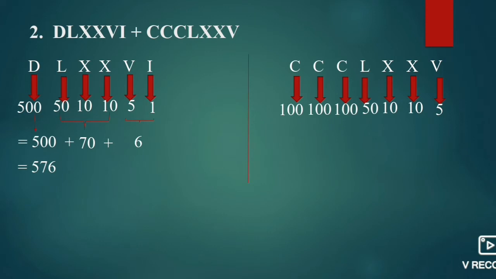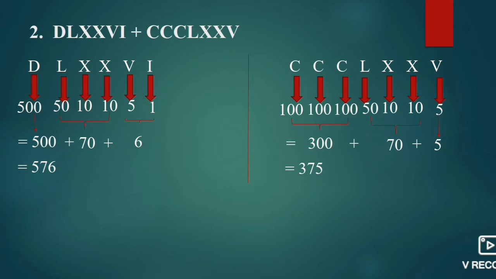Adding together, 100 plus 100 plus 100 gives 300. Plus 50 plus 10 plus 10 gives 70. And then plus 5. Adding together, it gives 375. So, the value of CCCLXXV is 375.